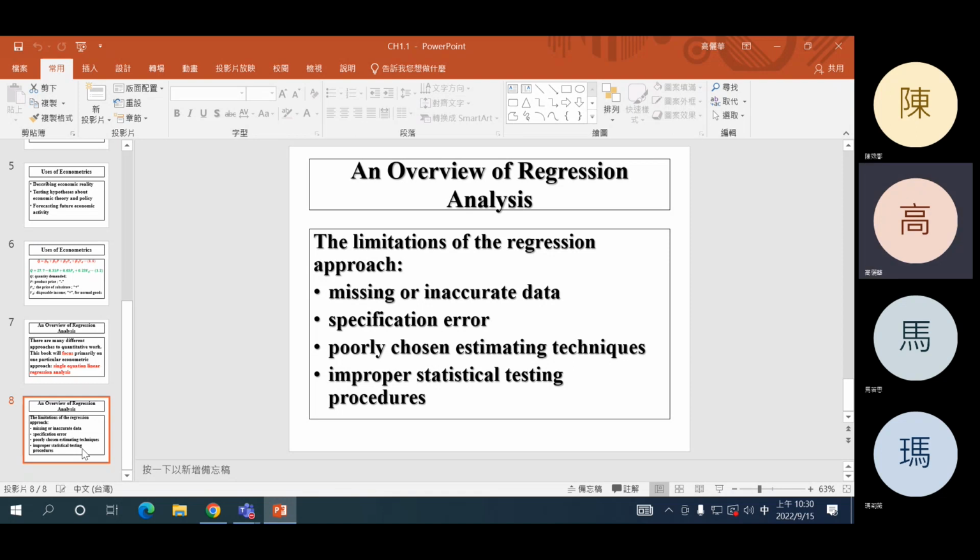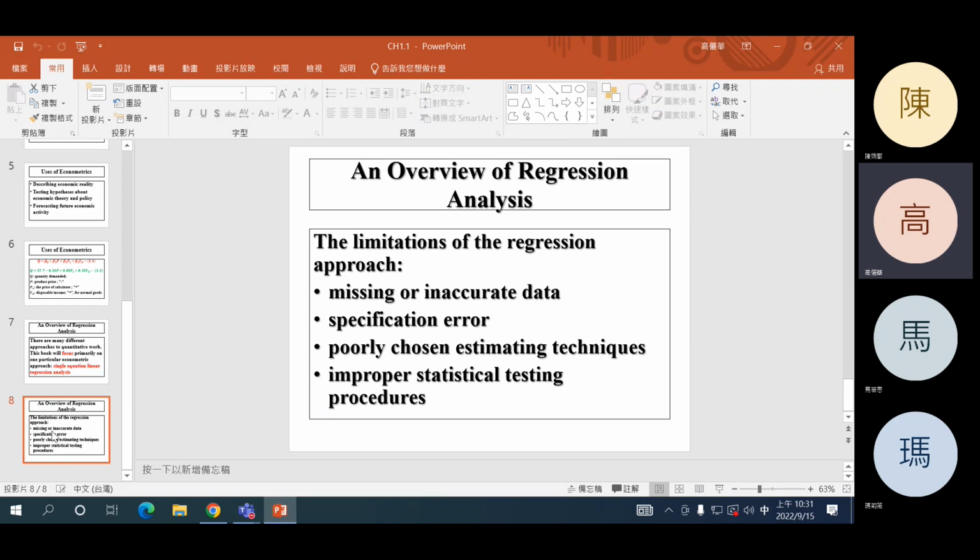Garbage in means we have data which is incorrect or even missing. So we put garbage into what? Into the regression, the relationship.